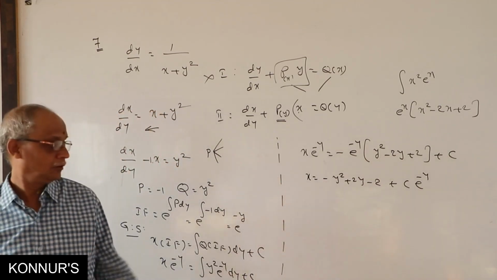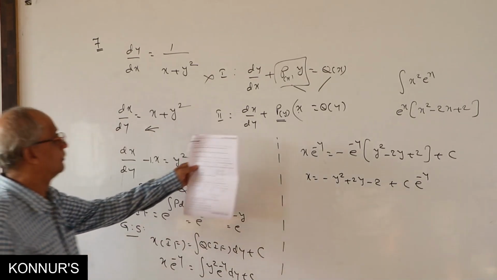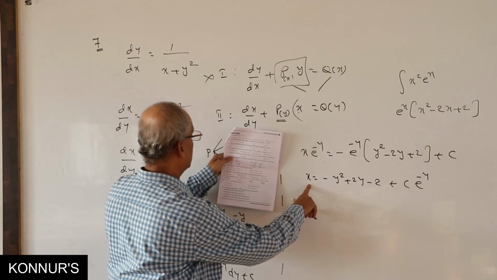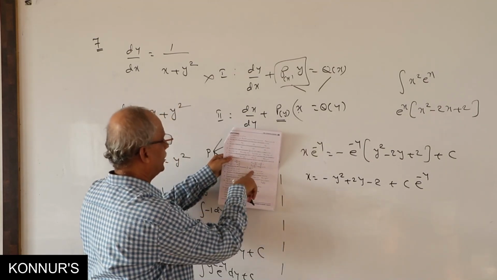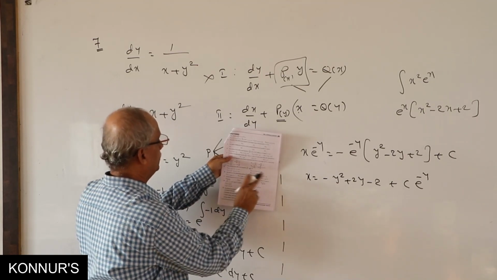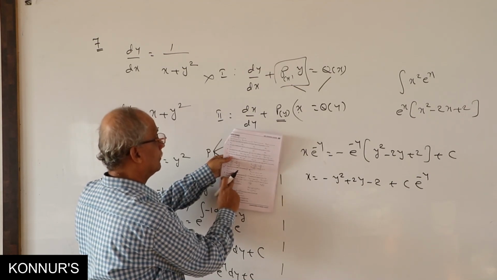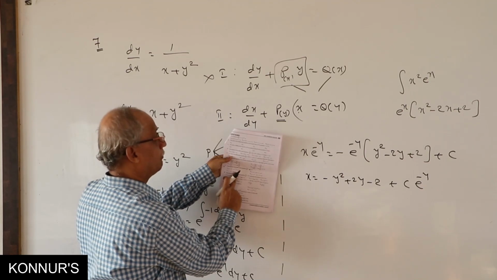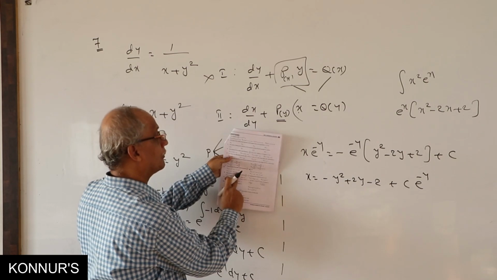Check with ABCD. Either you take here or else, now you see. X equal to, the first and second options ignore. Y equal to is given. Third and fourth are important. X equal to minus y square, he wrote minus 2y plus 2 minus c e power minus y.